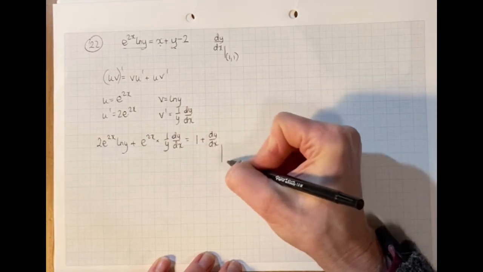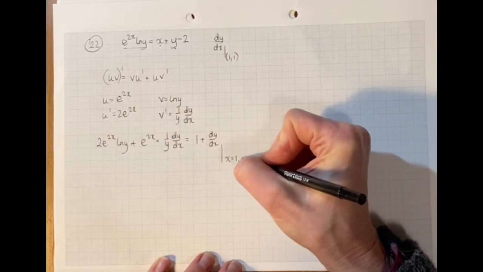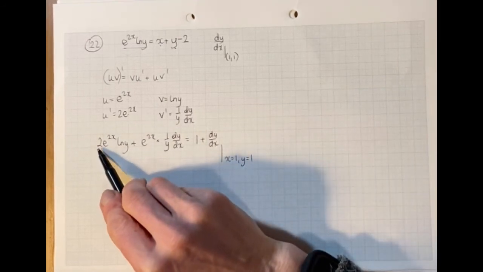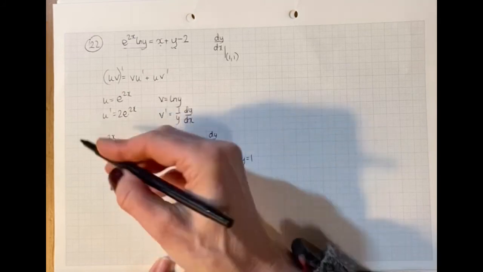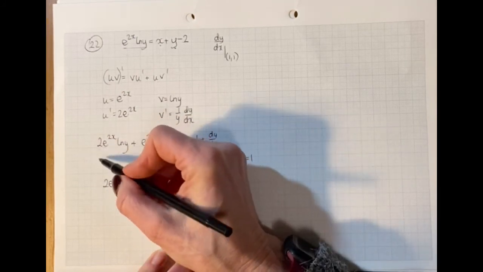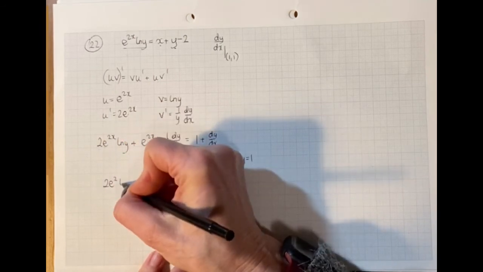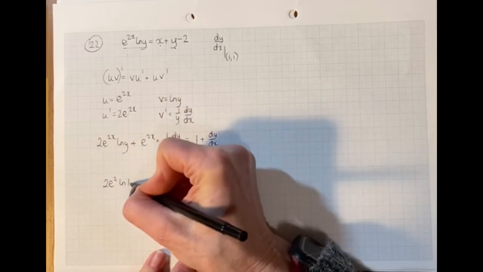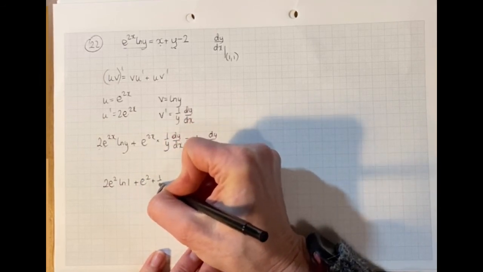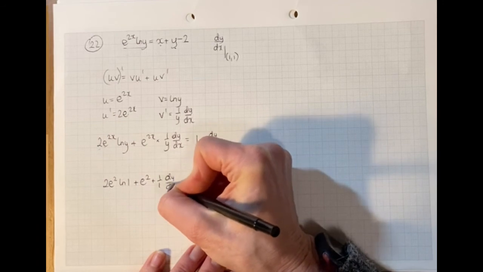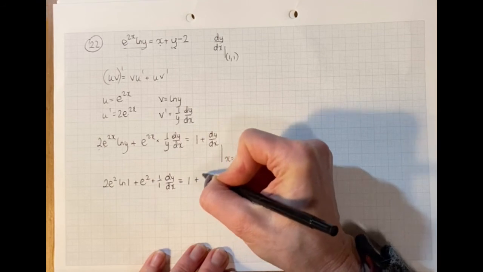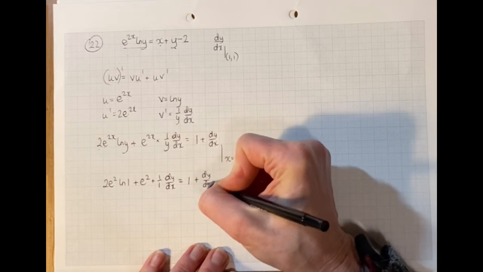At this moment we're going to substitute x equals 1, y equals 1. So we are going to obtain 2e squared ln 1 plus e squared times 1 over 1 dy/dx is equal to 1 plus dy/dx.